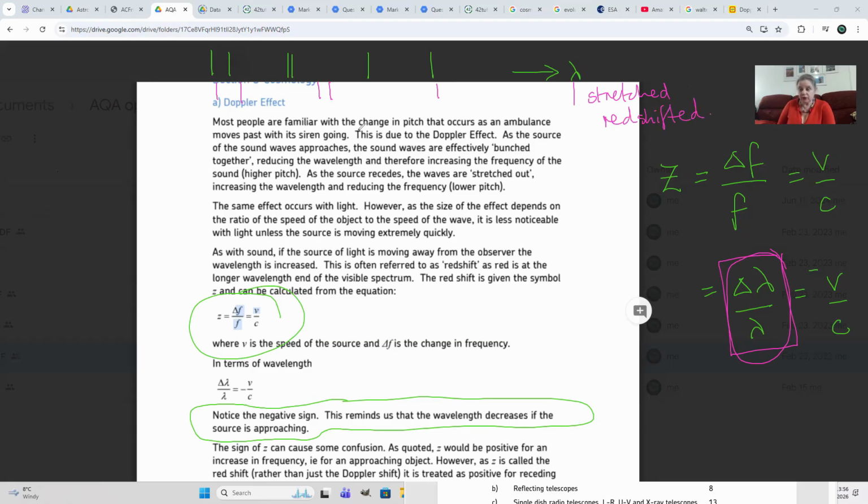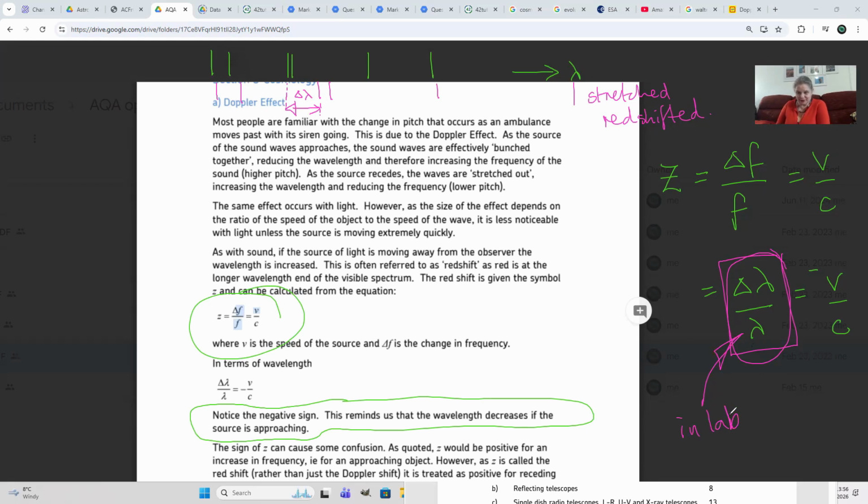So in order to figure out how fast the source is going, you need to work out the difference. So there is my delta lambda, and you have to divide it by the wavelength in the lab. In other words, where you're not moving relative to the source.